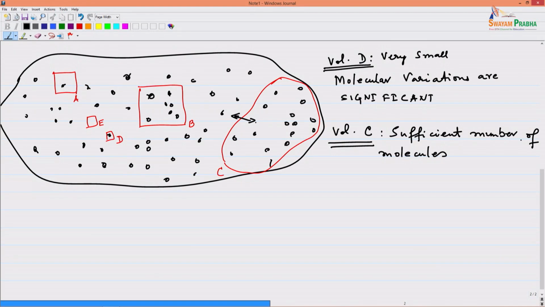The molecules are moving across this boundary at a very random pace and constantly. However, I have taken a volume sufficiently large that the number of molecules inside at any particular instant is constant. As a result, I can define a property like density or velocity as a single value, an average value of all these molecules inside, and that will represent the fluid.